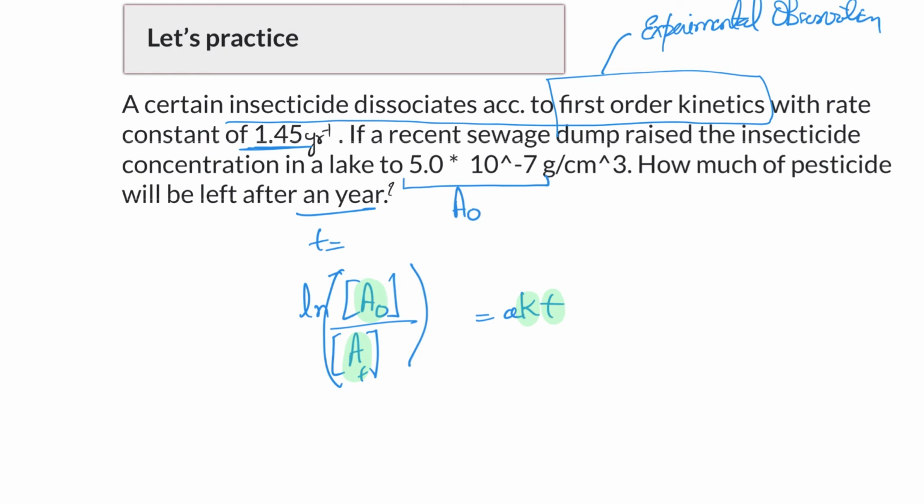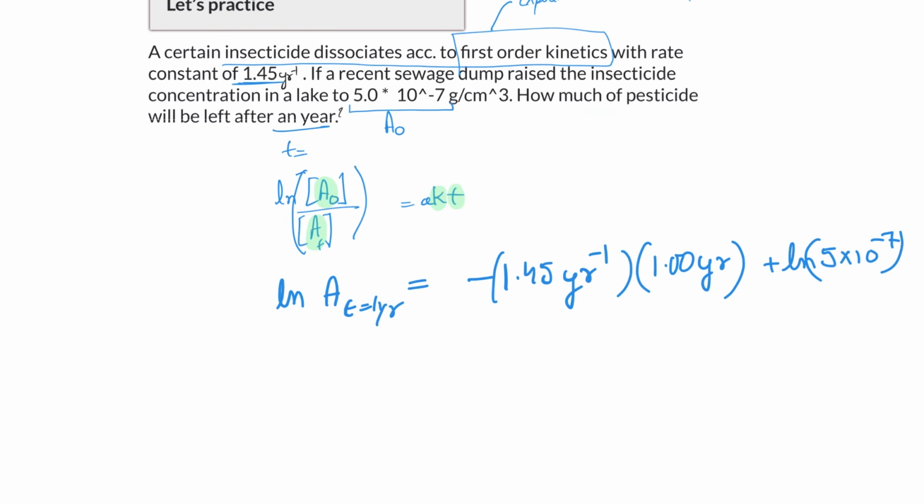Now although stoichiometry is not always equal to the order, but here in this case we can assume that, because it's not explicitly mentioned, so we can simply assume that that is the case. Okay, so let's do that. Now you can do the calculation of this factor, and this will come around to be 1.2 into 10 to the power minus 7 gram per centimeter cube.